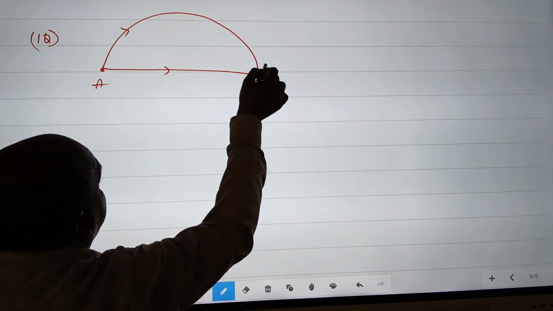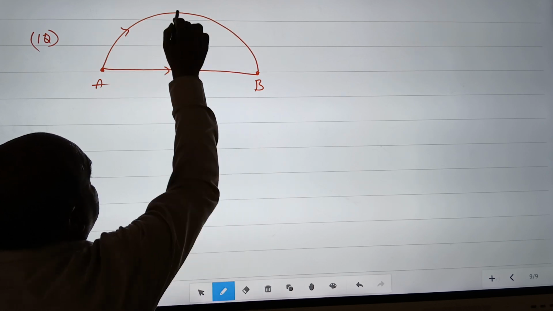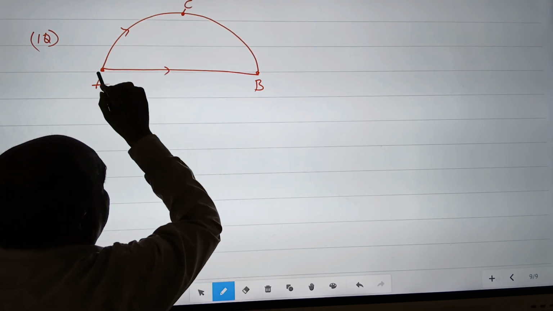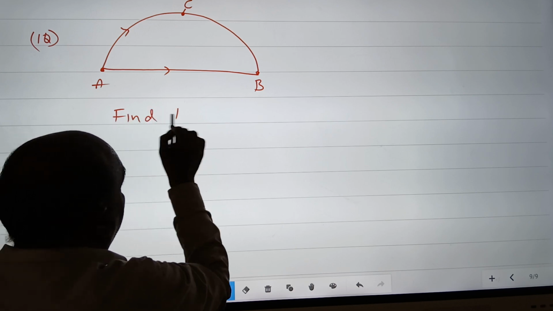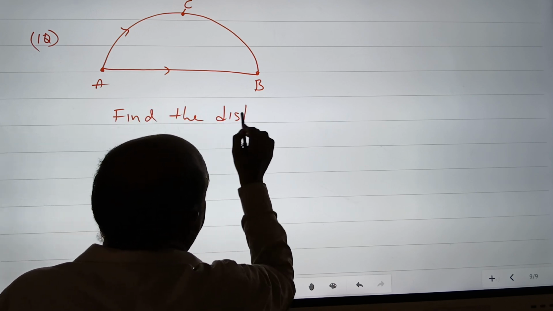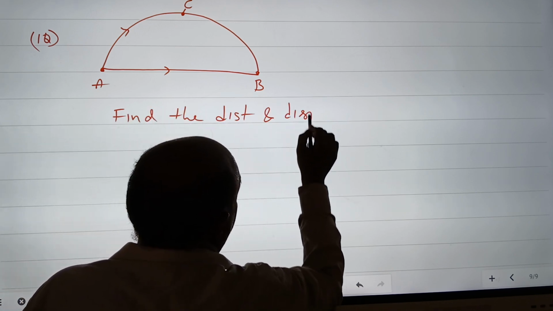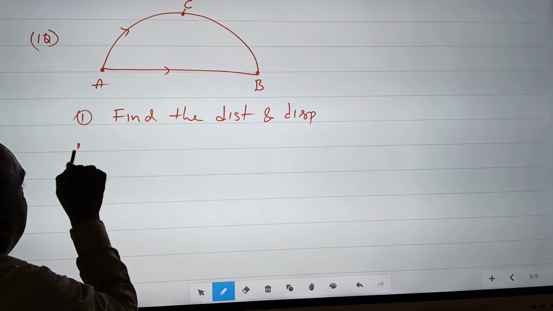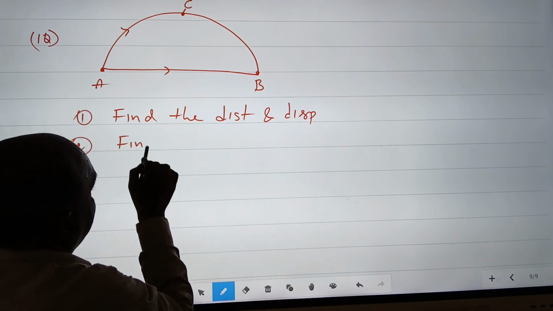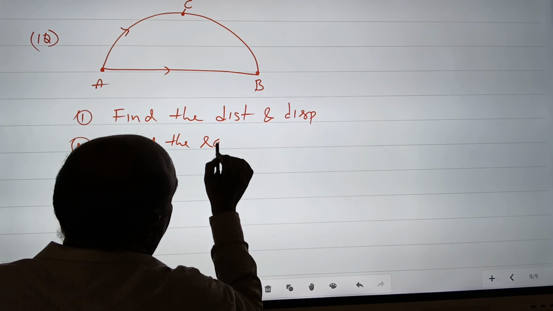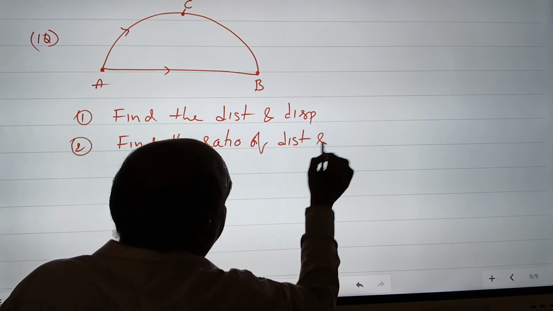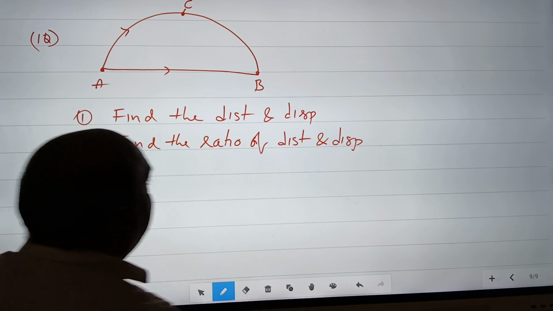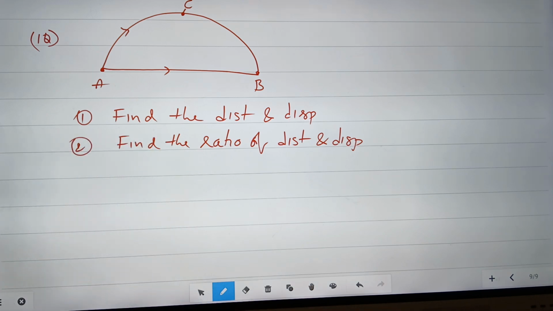First time it goes from A to B in this path through C, another side directly A to B. Find the distance and displacement, first question. Number 2, find the ratio of distance and displacement. Try this, beta, basic question.